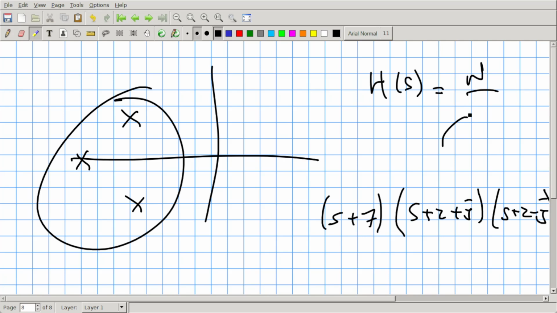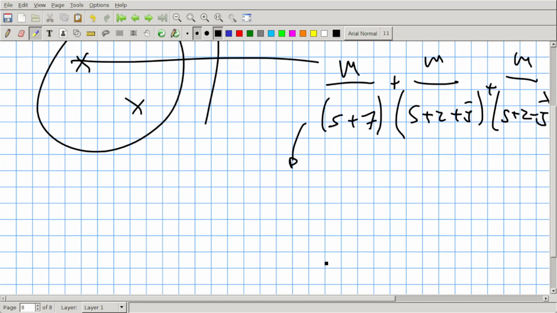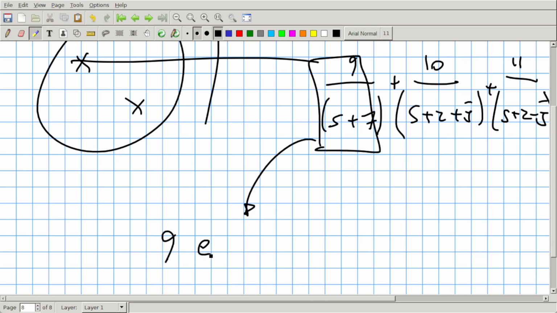To be honest, if you do partial fraction decomposition with complex poles, we would get something here plus something here plus something here. We would get 3 terms. This one would be, let's put numbers, 9, 10, 11. This one would anti-transform into 9e^(-7t) for t bigger than 0 and 0 otherwise.